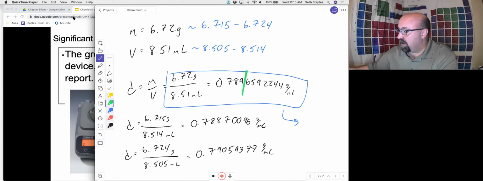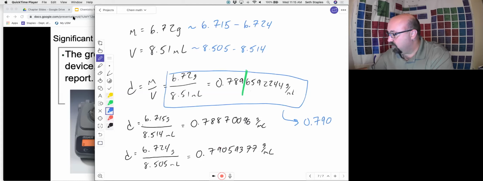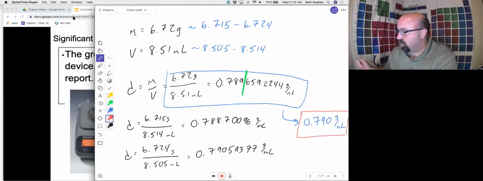And so we cut our answer off right there, and we're going to round it then to 0.790 grams per milliliter.